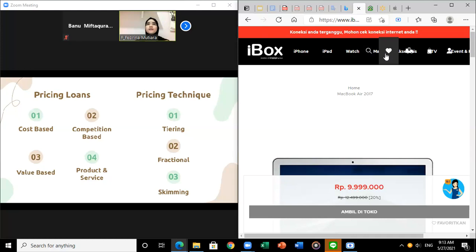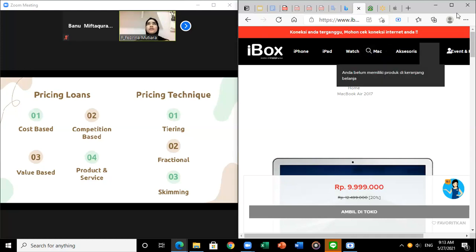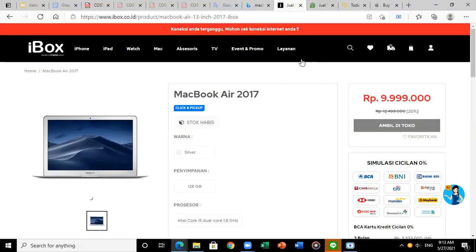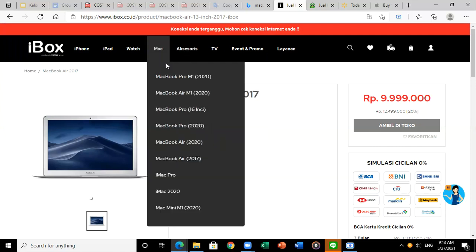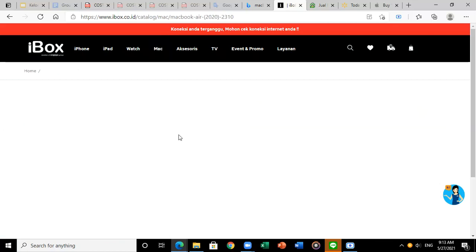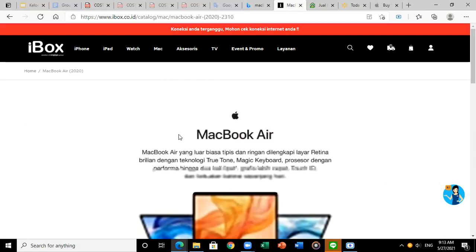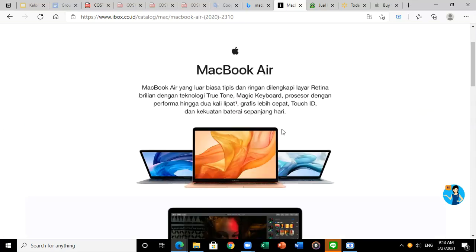So the larger the loan, the smaller the interest rate. So it will be very beneficial for a borrower who needs to borrow a large amount of money.